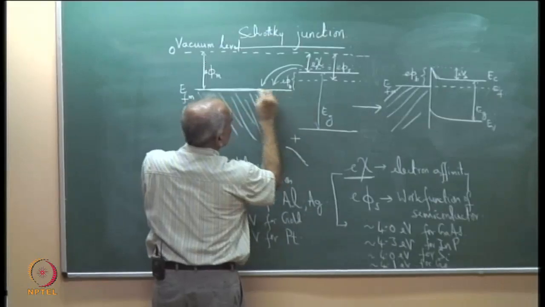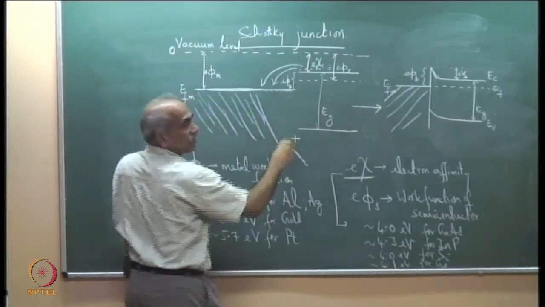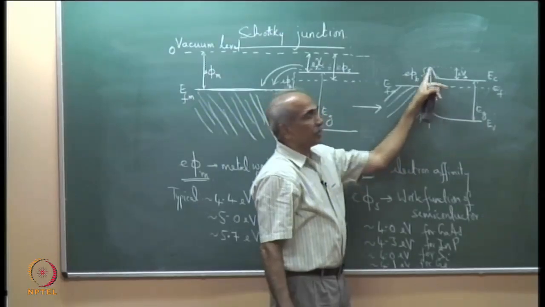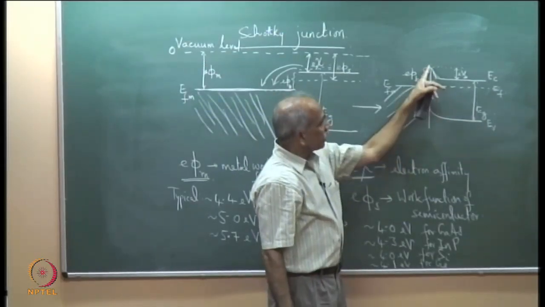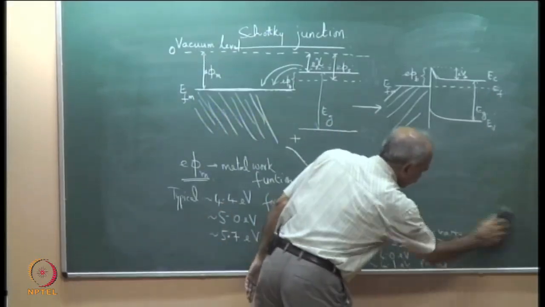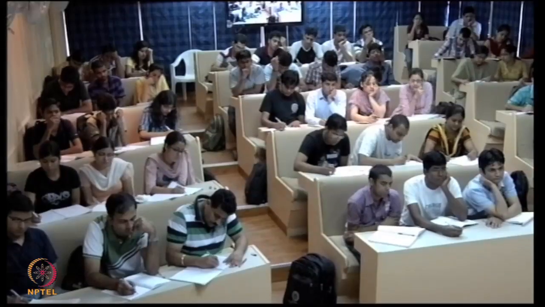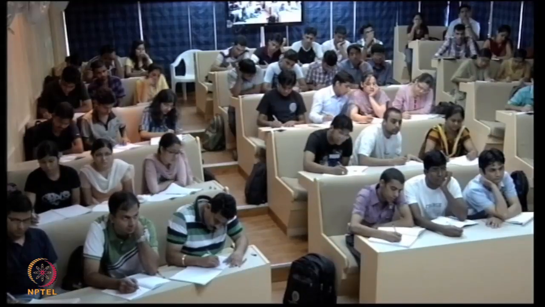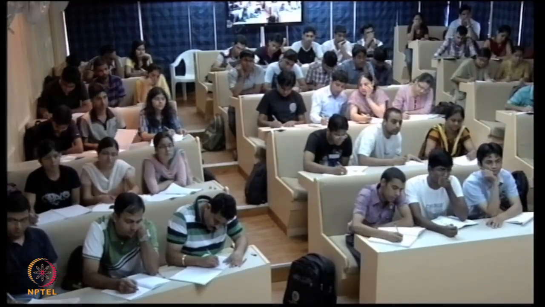If I extend this up to this, you can see there is a discontinuity, and this discontinuity is called E phi b, the Schottky barrier, or phi b is called the Schottky barrier potential.